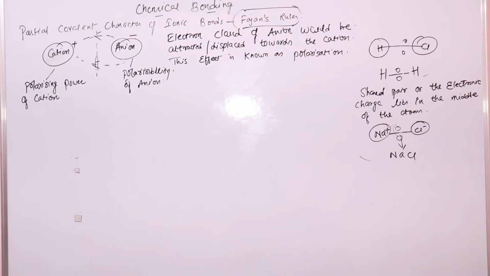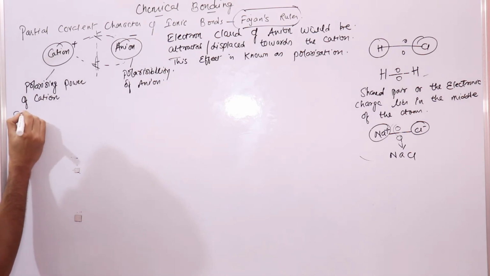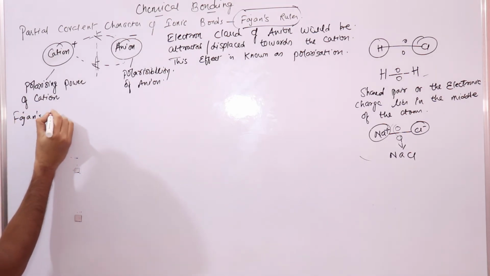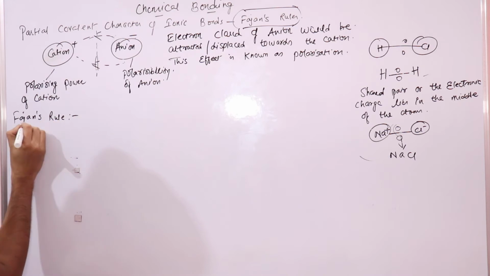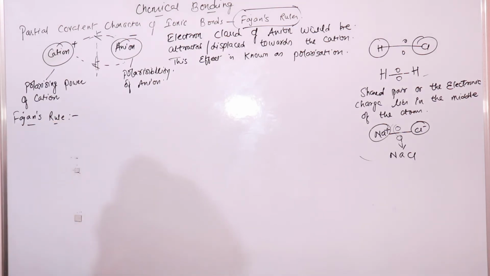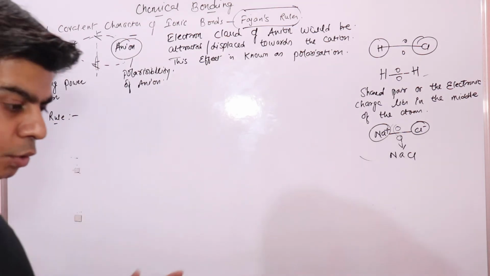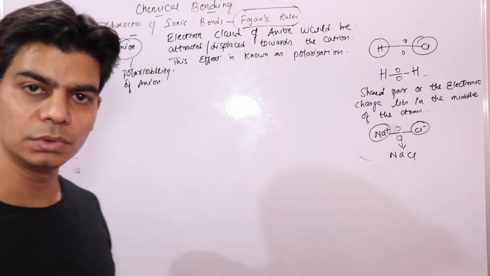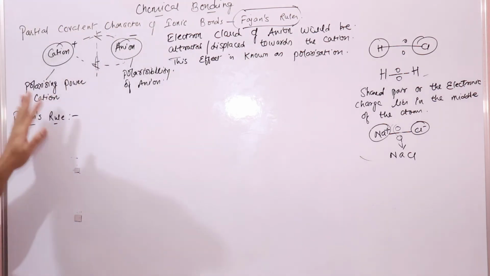Fajan's rule says the smaller the size of the cation and larger the size of the anion. What favors the covalent character in ionic compounds is given by Fajan's rule.